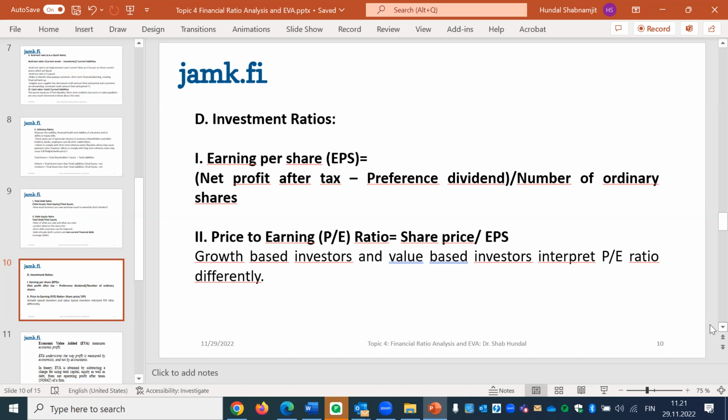Why do we subtract the preferred dividend? Because the preferred dividend goes to those shareholders who have preferred stocks. And what is preferred stock? Preferred stock is a hybrid share, in between debt and equity. Investors are preferred when giving the dividend, but in turn, these shareholders don't have the voting rights.